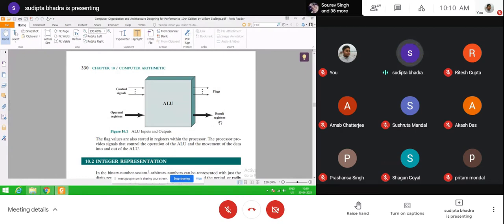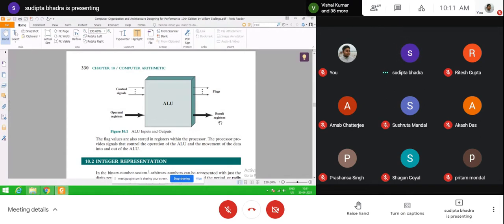The other input to the ALU is the control signal. There are two types of control: hardware control and microprogram control. We'll see the details later. Ultimately, the role of the control signal is to control each and every operation.